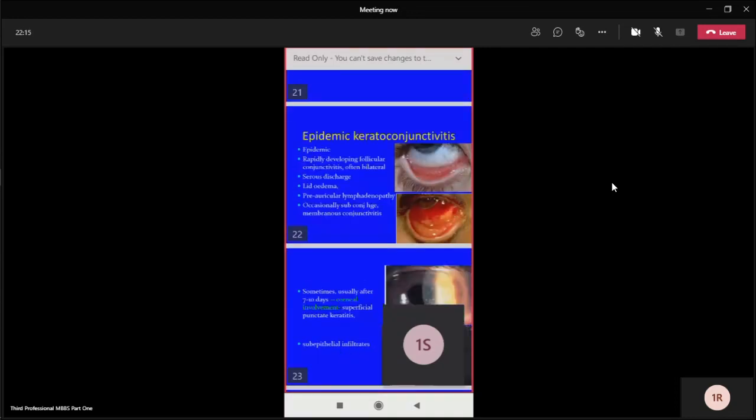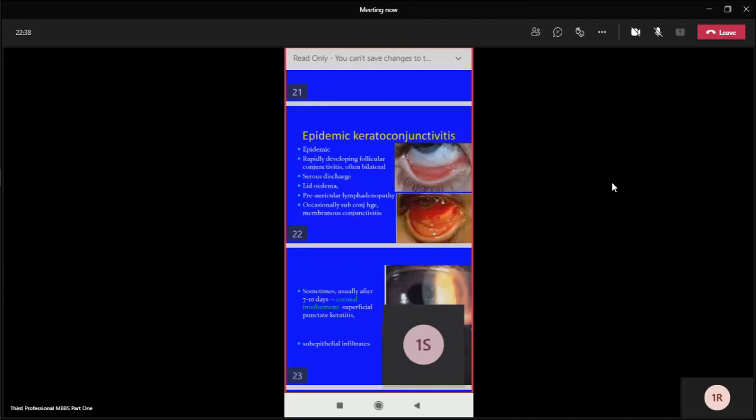What is EKC? It usually occurs in epidemics. Rapidly developing follicular conjunctivitis, usually bilateral, with some serous discharge, with some follicle formation in the palpebral conjunctiva.